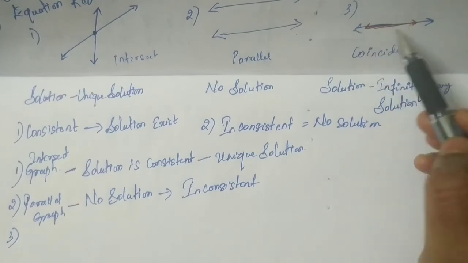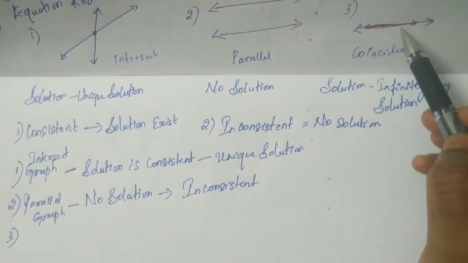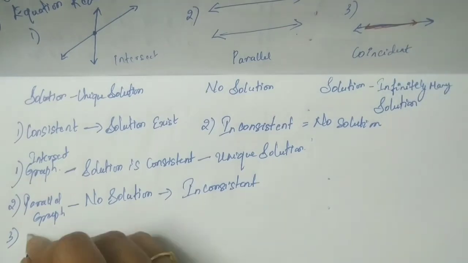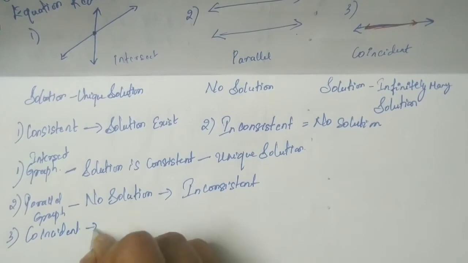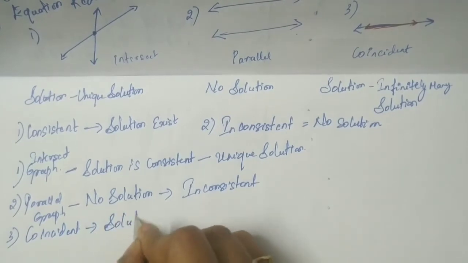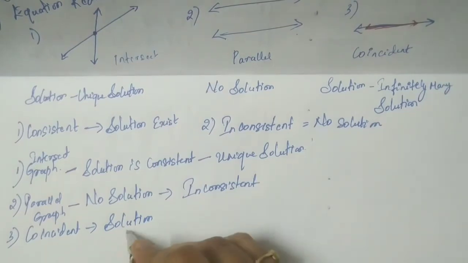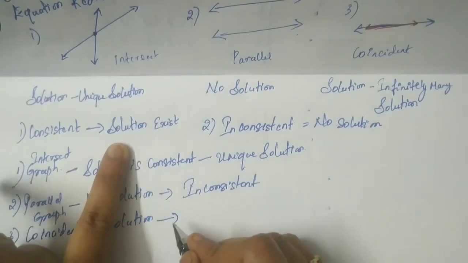Let us go for the third diagram, which is coincident. You can see the second line is coinciding with the first line. So when the second line is coinciding, you have many points intersecting with the first line. So a solution exists. Whenever they have intersection points, yes, the solution exists.